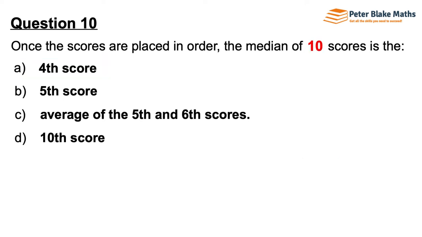Question 10. Once the scores are placed in order, the median of 10 scores is the 4th score, or the 5th score, an average of the 5th and 6th scores, or the 10th score.